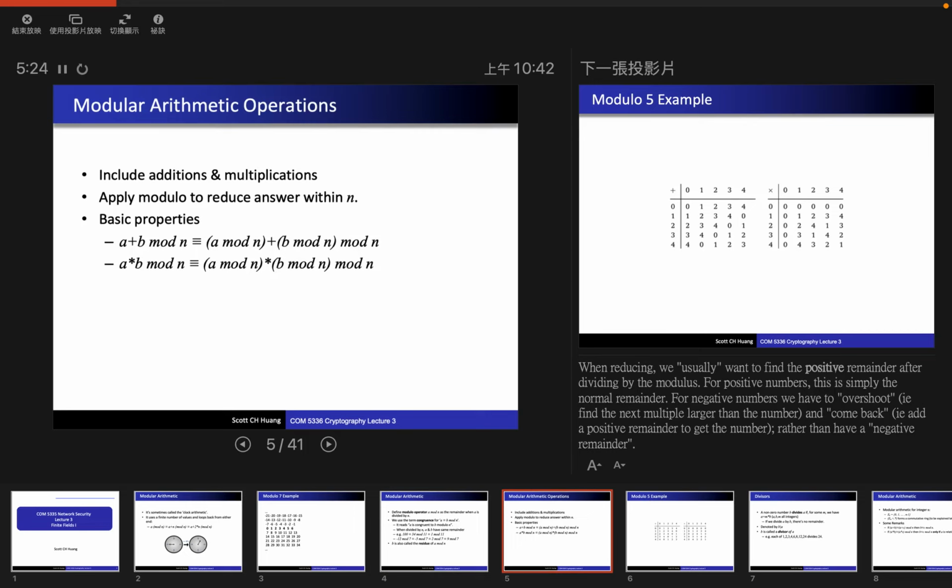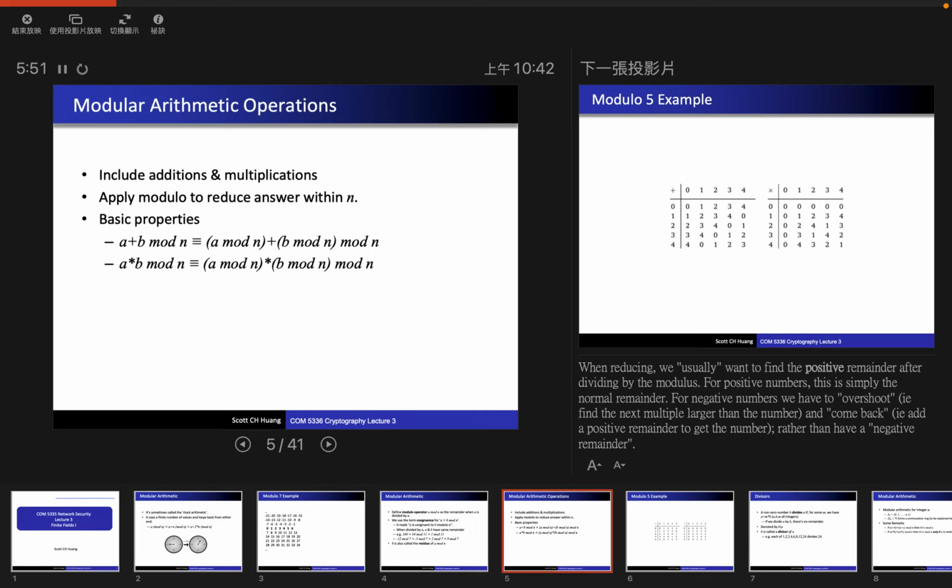So for modular arithmetic operations, if you relax this a little bit, then we end up with a different set of arithmetic rules, which look kind of similar to what we have learned in primary school. You guys will feel that it's very similar, but something is a little different.